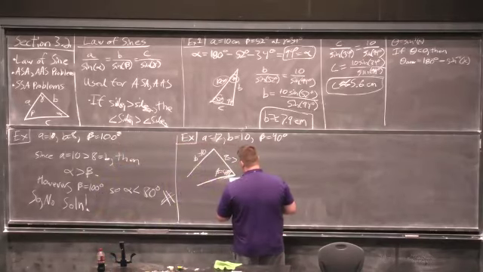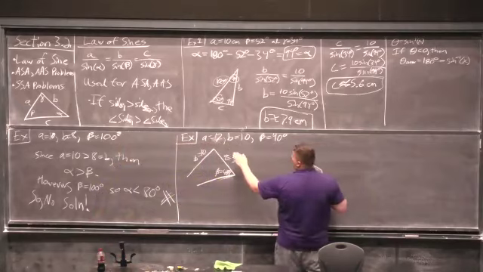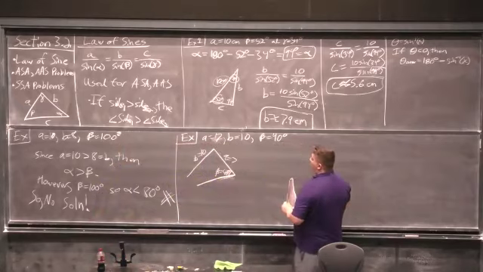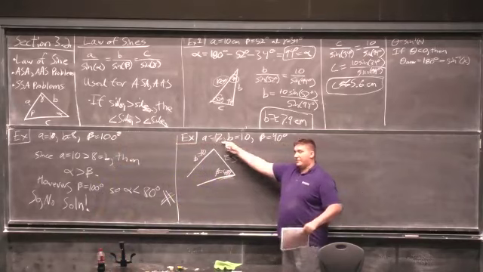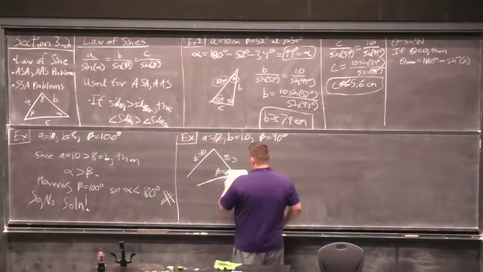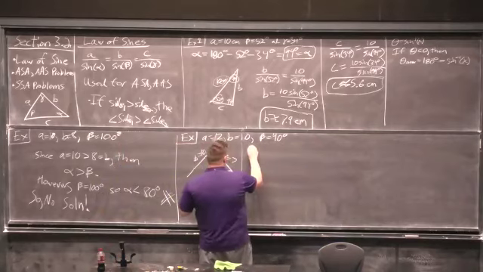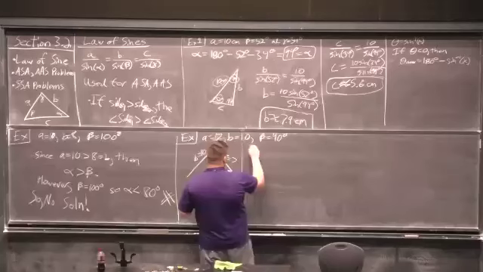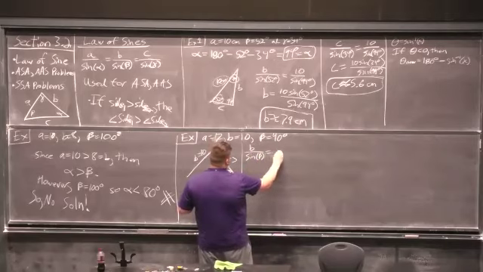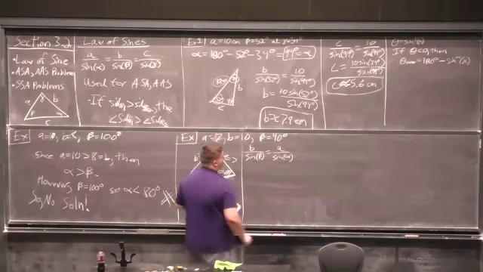Well, we should expect that alpha would be less than beta because A is smaller than B. So let's plug this in to our sines. And so we're going to have B over sine beta is equal to A over sine alpha.